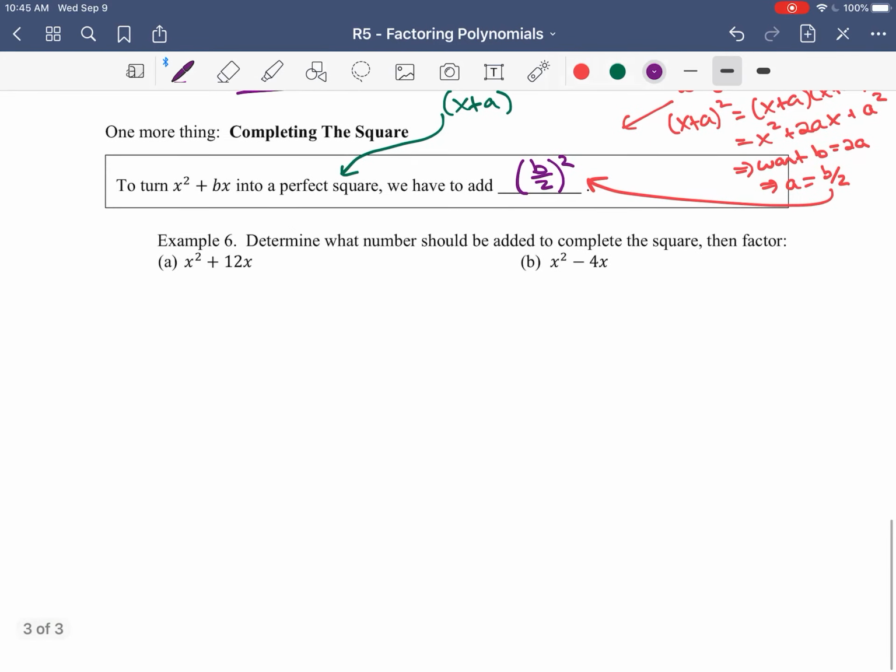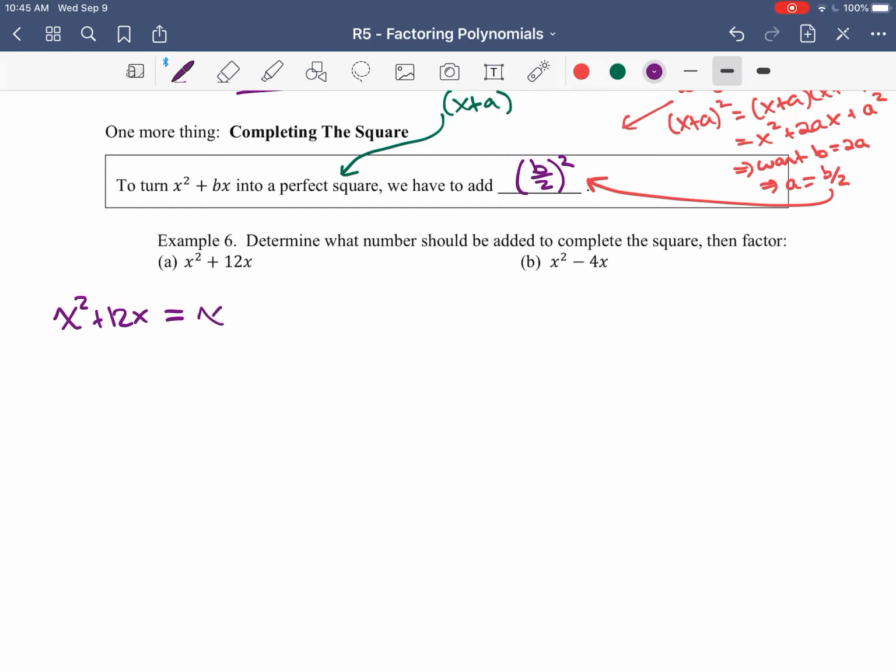Let's just try one of these. I'm going to do part A here. So x squared plus 12x, that's what we're starting with. We want to make it a perfect square. This comment up here in the box tells me that I want to add 6 squared.